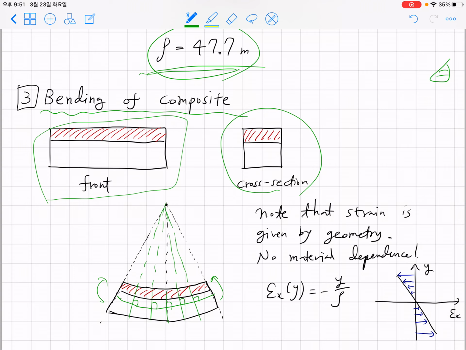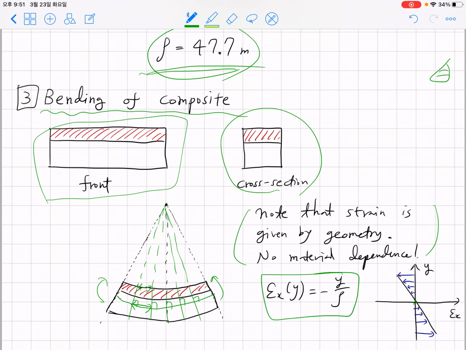Under pure bending, regardless of the material, because normal strain is simply obtained by the ratio between the original length and the current length, we can see that the normal strain must be a simple linear function if we know the position of the neutral axis. So this is what we can see regarding the strain.